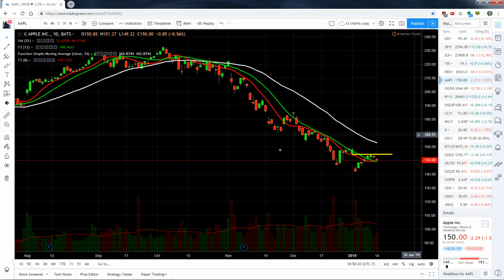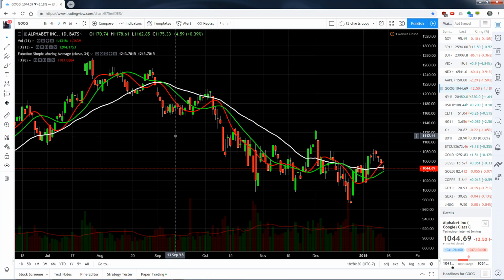Google looks a lot better than Apple. Gonna spike low into resistance. Spike low over the 34 that time. Spike low. Look at the 3-bar pattern there on that head.